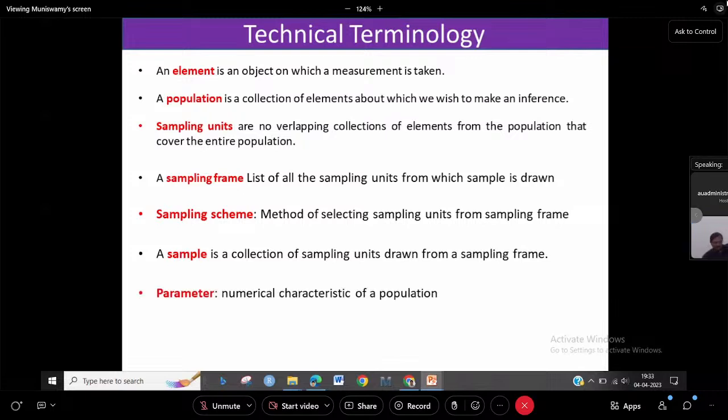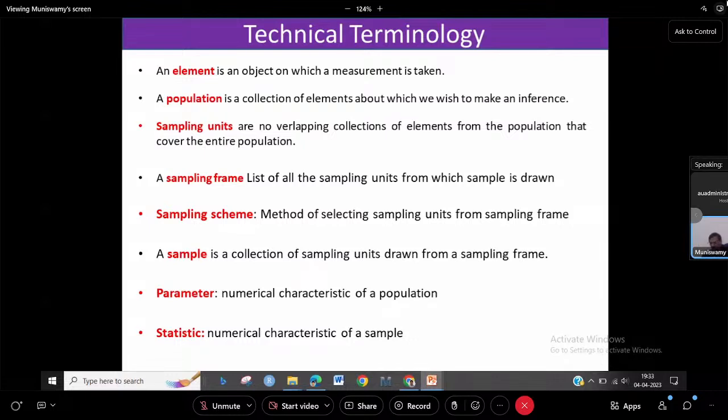What is a parameter? A numerical characteristic of a population. Previously I told you, population mean is a parameter. Sample mean is a statistic. Population mean means the whole population characteristic is a parameter. Based on the sample you are estimating, it is a sample characteristic.